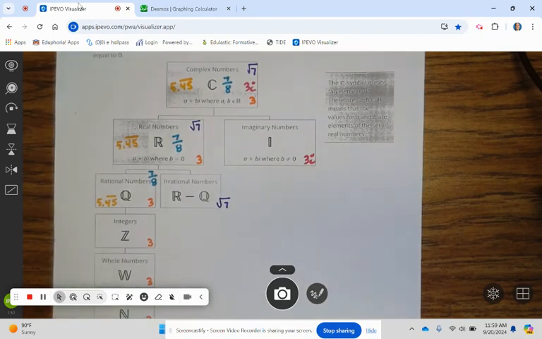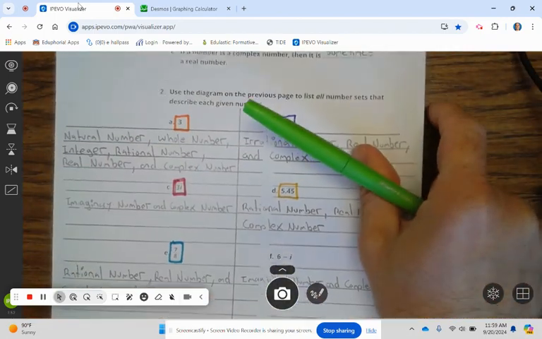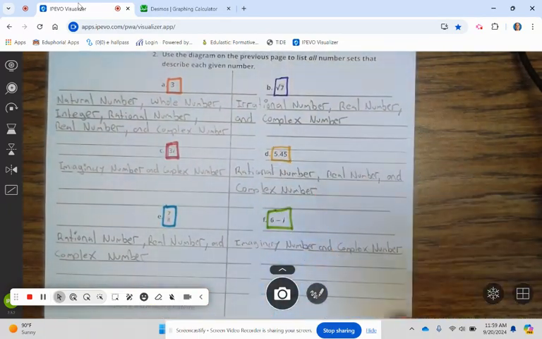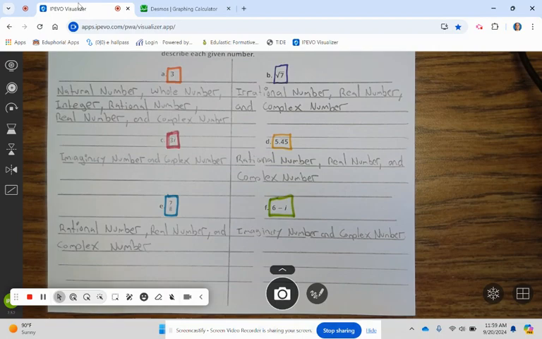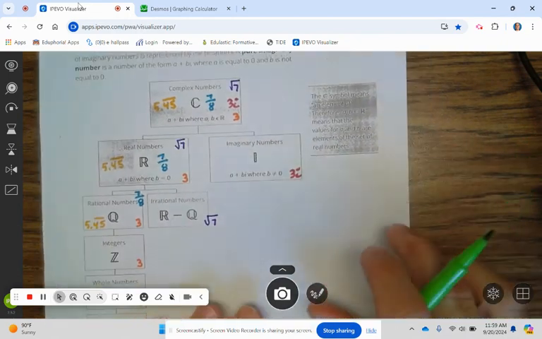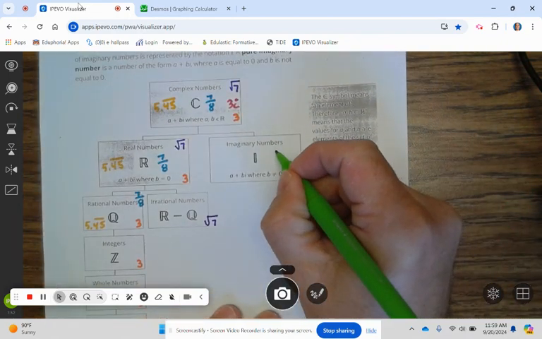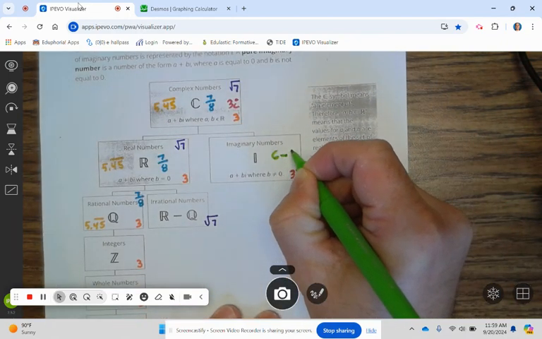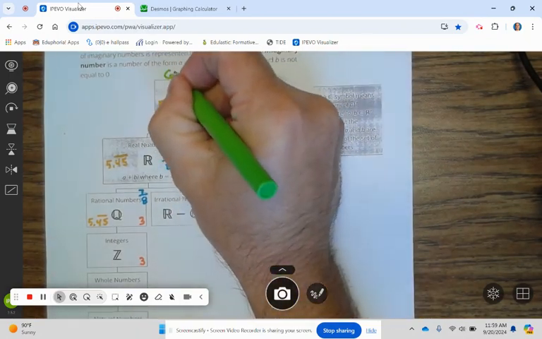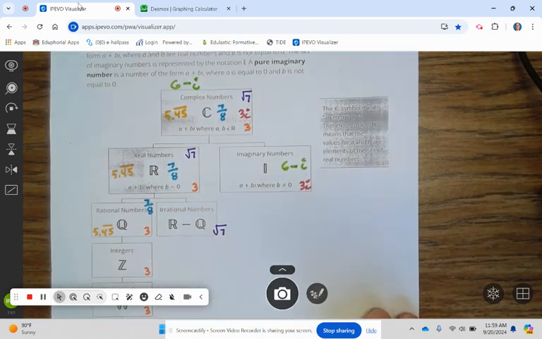All right, and then let's take a look at the last number. 6 minus i is an imaginary number and a complex number. Okay, so let's come over here. So it's an imaginary number, 6 minus i, and it's also a complex number.